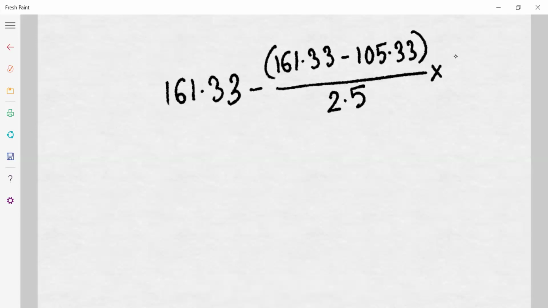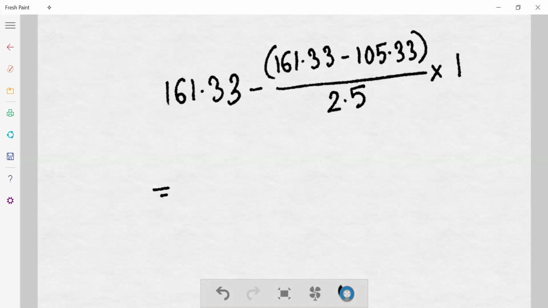So what will be the change along a length of 1 meter? In a length of 2.5 meter, the change is the difference between 161.33 and 105.33. That is the change in pressure that happened along a length of 2.5 meters. So along a length of 1 meter, what is the difference? In that way, we will be calculating the value here at the surface.